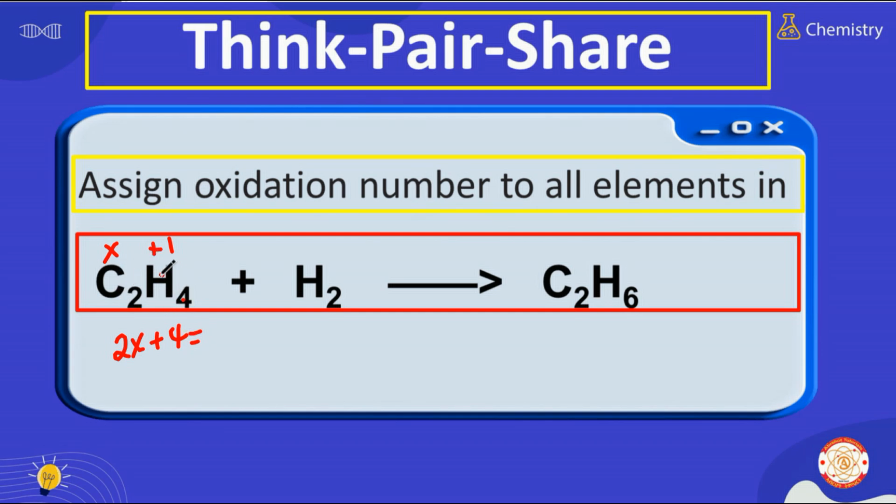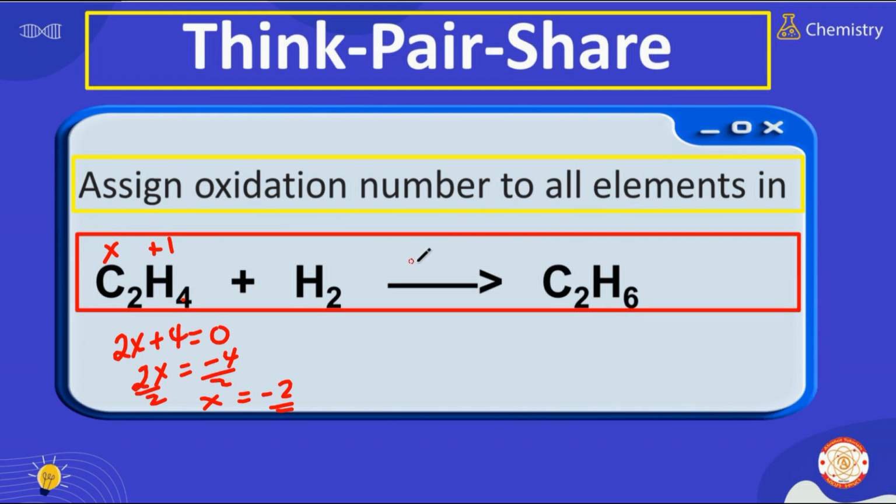Because this molecule is neutral, the sum of the oxidation states of carbon and hydrogen should sum up to 0. Therefore, 2x equals -4, divided by 2. Therefore, x is -2. So the oxidation state of carbon in this case is -2.